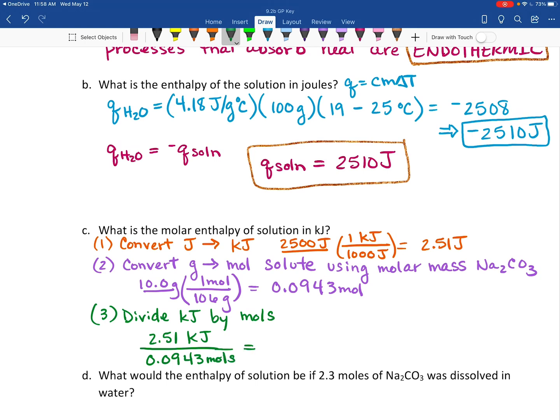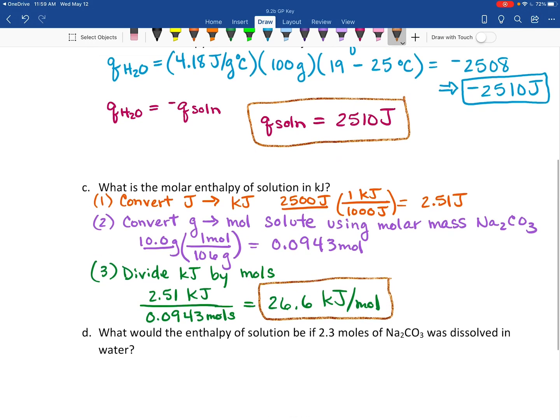To double check this calculation really quick, 2.51 divided by 0.0943, and I get 26.6, so 26.6 kilojoules per mole.